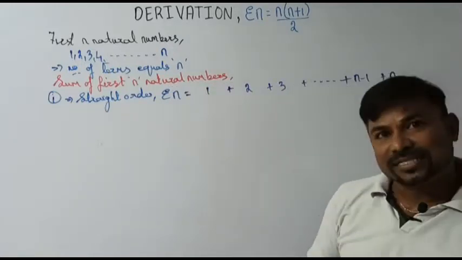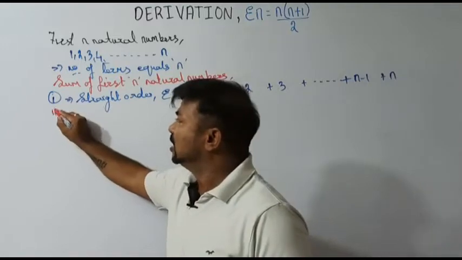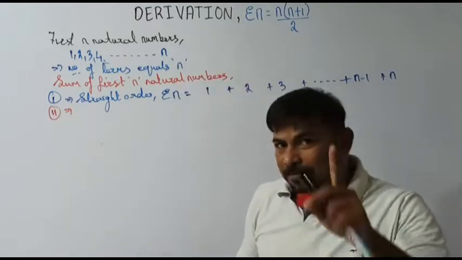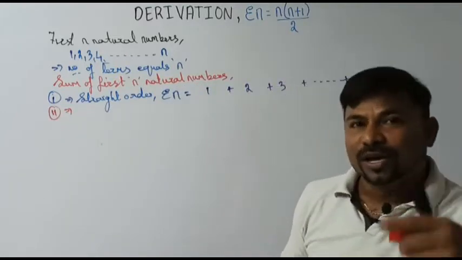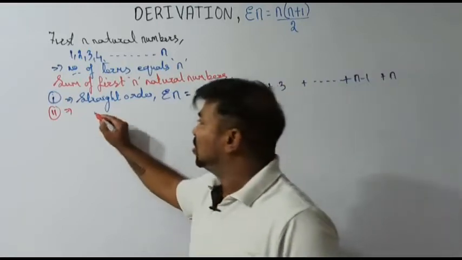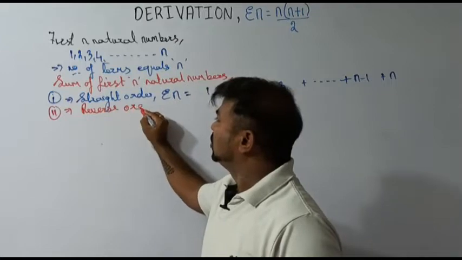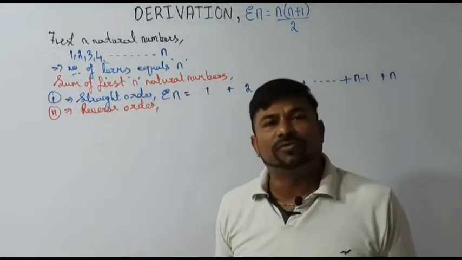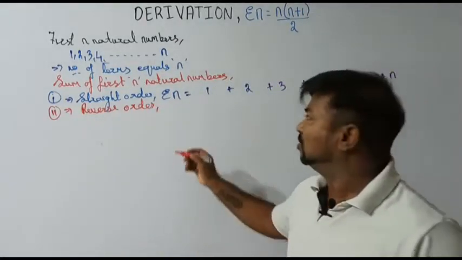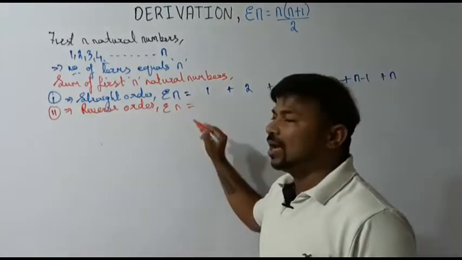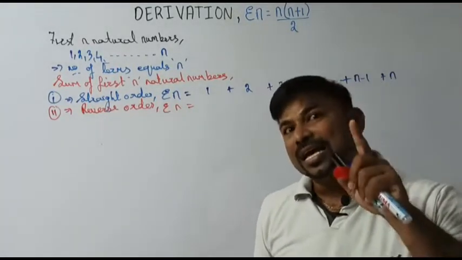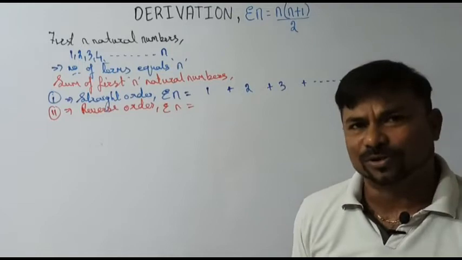Now, let us take the second equation also. But instead of taking straight order, now we are taking the reverse order. Of course, we are doing the same thing: finding the sum of the first n natural numbers, but here we take the reverse order. What is the meaning of reverse order?